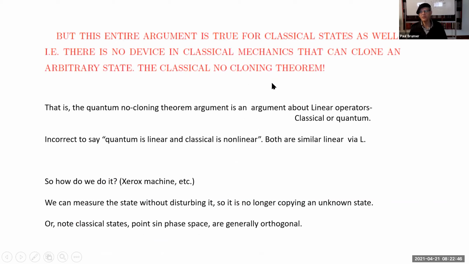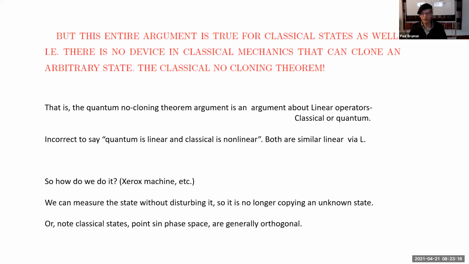There's no device in classical mechanics that can clone an arbitrary state if you just follow the mathematics of the classical no cloning theorem. The argument is based on the linear character of the operator, which is either classical or quantum. And sometimes you see the statement, quantum mechanics is linear and classical mechanics is nonlinear. That's not true. They are both similarly linear if you look at the arguments based upon the Liouville operator.